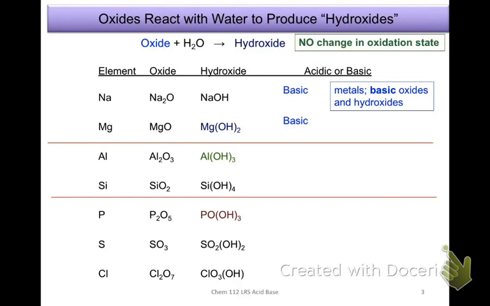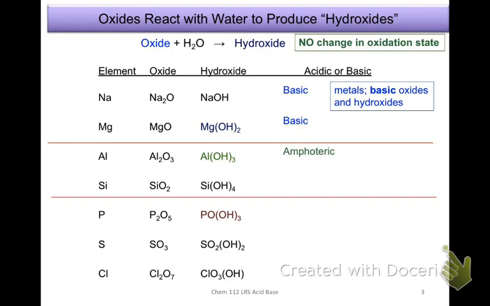Since aluminum dissolves in either of these solutions, it's got properties of both an acid and a base. An acid would dissolve in a base, and a base would dissolve in an acid, and aluminum does both. That means it has properties of both, and it's amphoteric. And similarly, if we were able to do that for silicon, we would find the same.